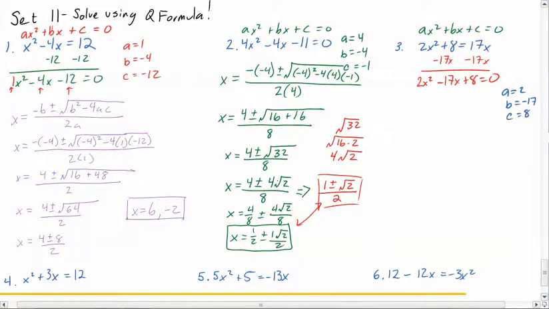Remember, we don't need any letters. It's the numbers in front of the letters that are important. So then we've got A, B, and C. Now let's go ahead and plug it into the quadratic formula, which is negative b.